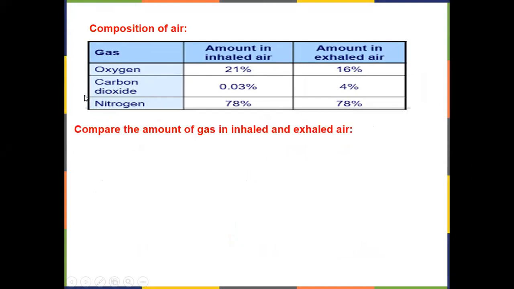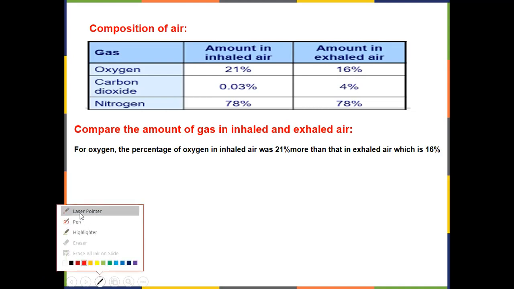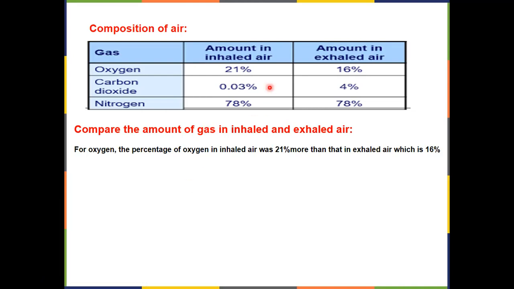First, compare the amount of gas in inhaled air and exhaled air. For oxygen, the percentage in inhaled air was 21%, more than that in exhaled air, which is 16%.